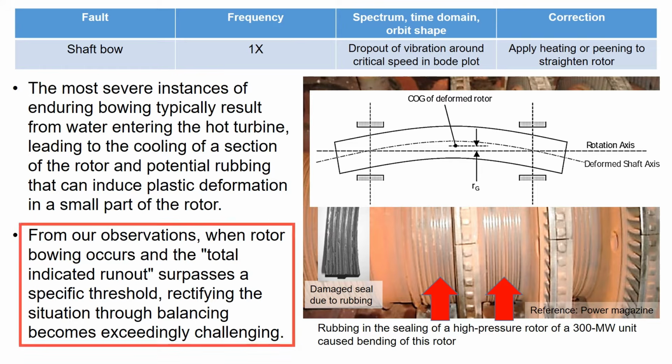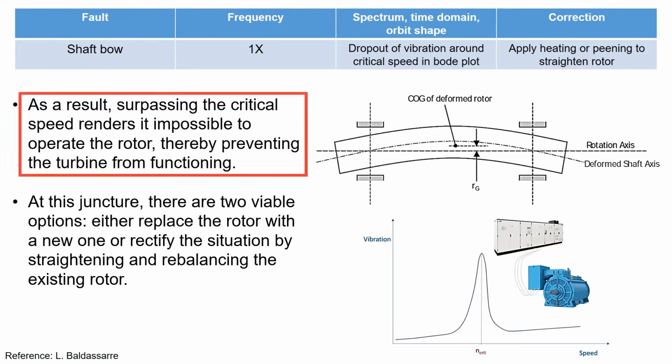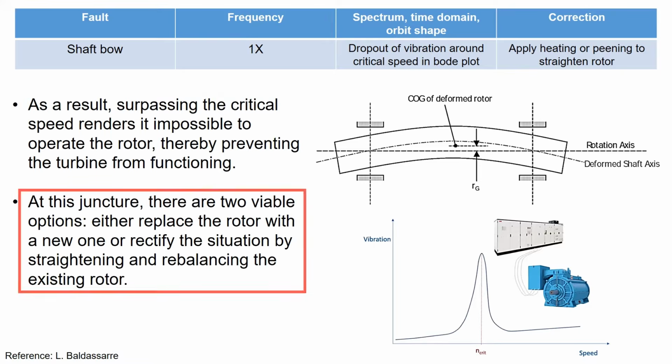From our observations, when rotor bowing occurs and the total runout surpasses a specific threshold, rectifying the situation through balancing becomes very challenging. As a result, surpassing the critical speed renders it hard to operate the rotor, thereby preventing the turbine from functioning.